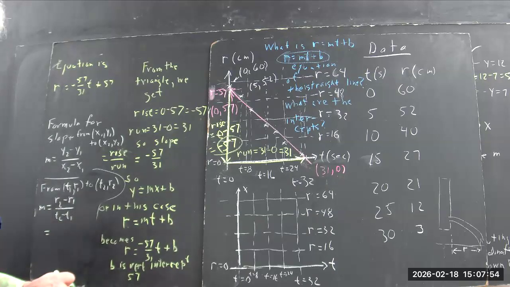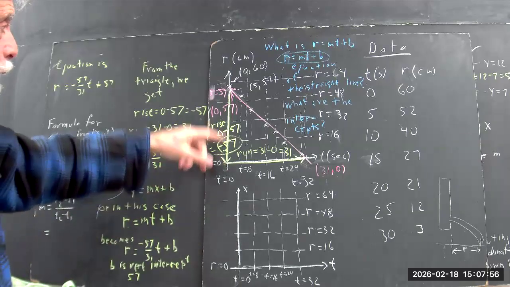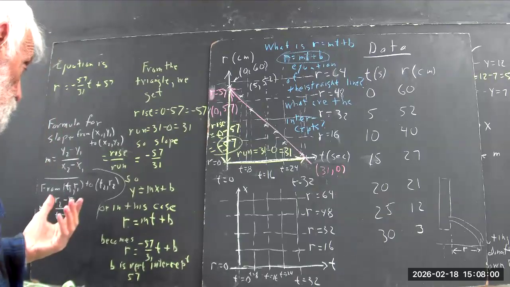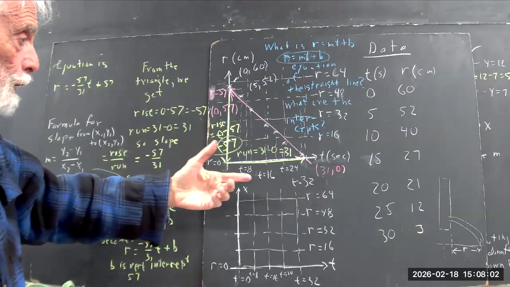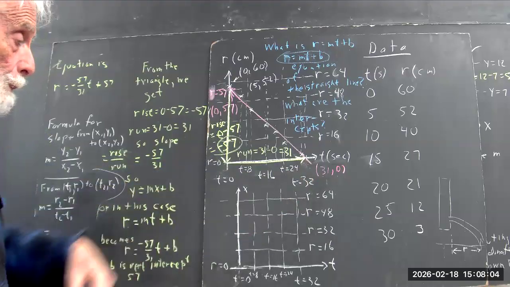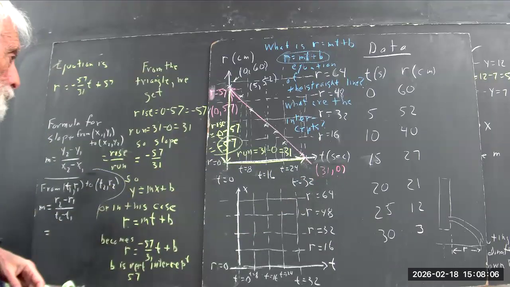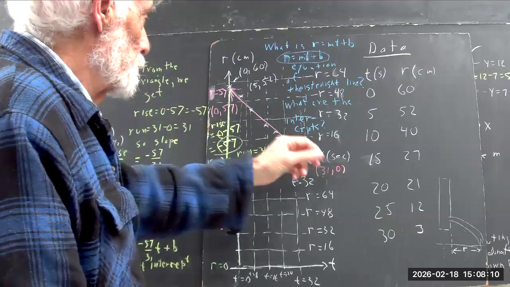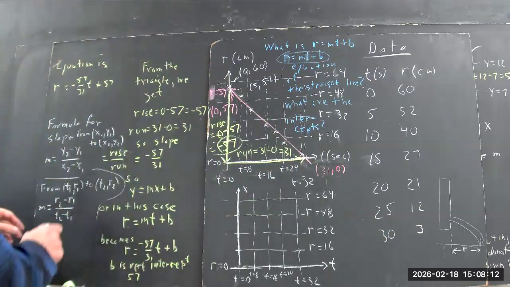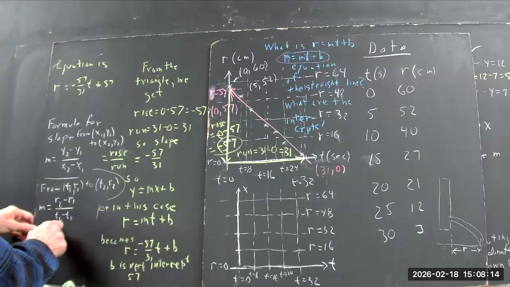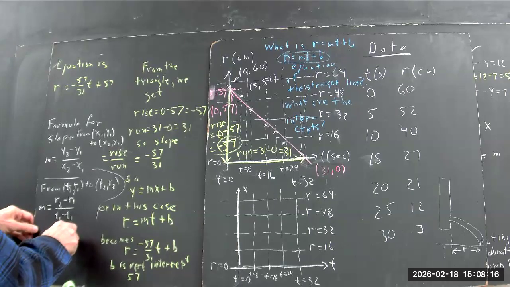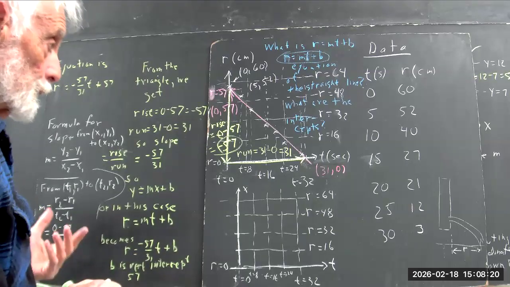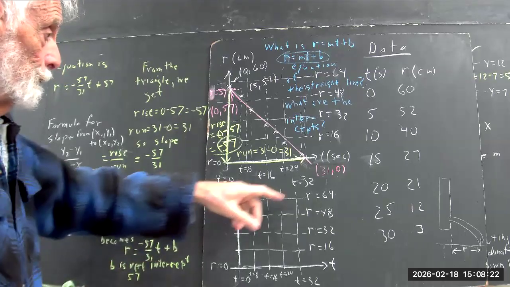Well, our 2 points are 0, 57. That's our R1, T1, and R2, T2 is 31, 0. If you do R2 minus R1, R2 is 0, R1 is 57. So you get 0 minus 57 divided by T2 minus T1, okay?